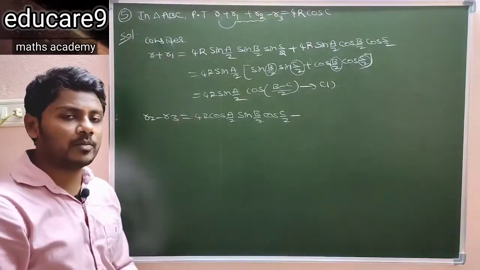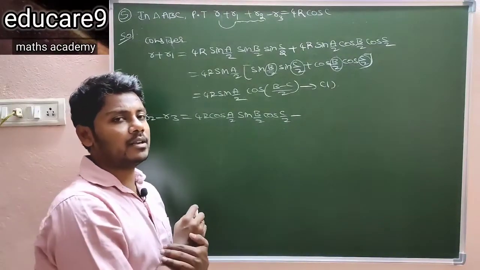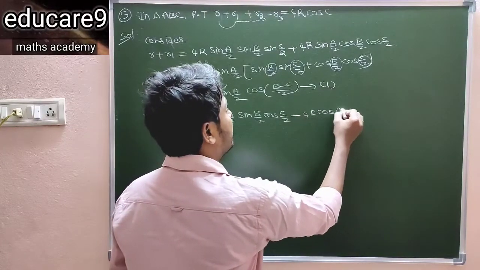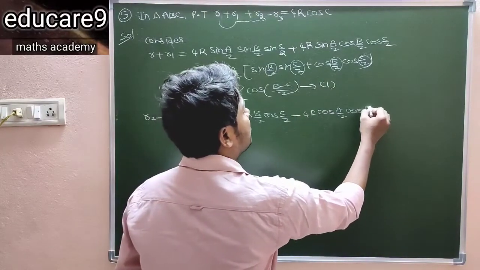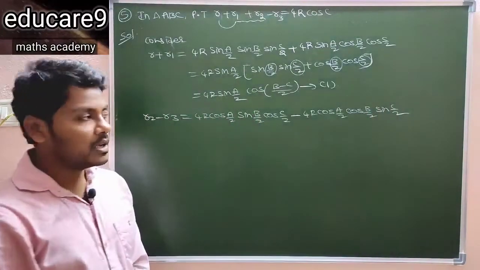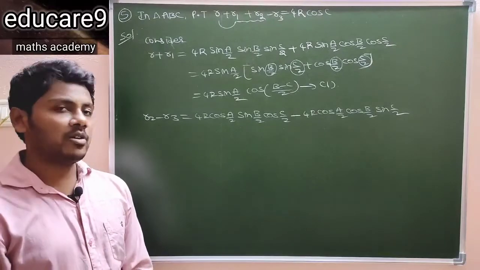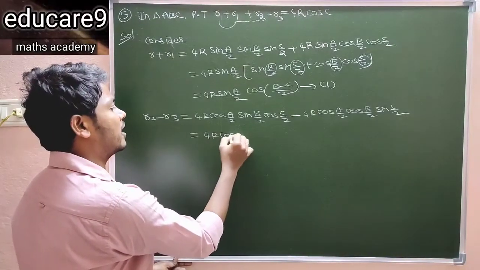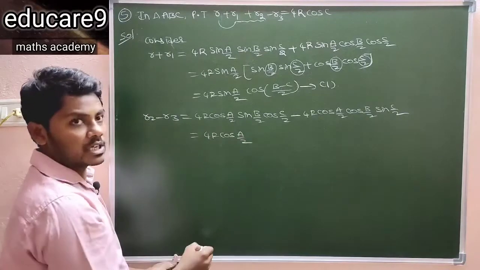So clearly the third term is sine and the remaining two terms are cos. That is 4R cos A by 2 cos B by 2 sin C by 2. So clearly in both terms 4R cos A by 2 is common.